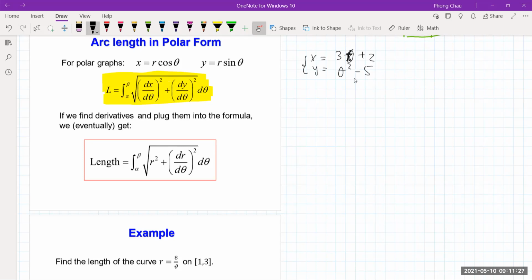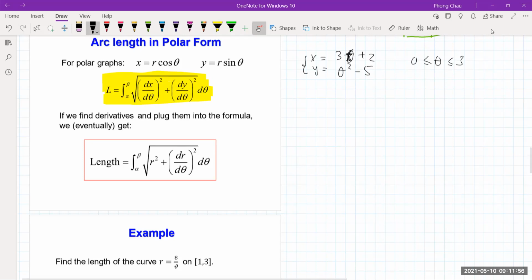We're going to find the arc length where you're given the interval of theta. Then we use this formula, the integral from 0 to 3. You take a derivative of x and a derivative of y, plug in, then do that. So that's in 10.3.